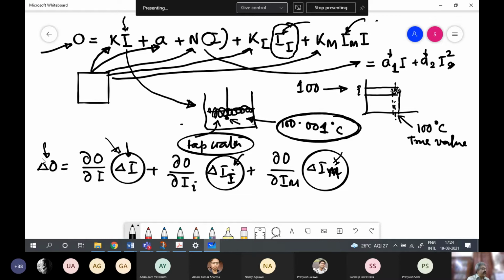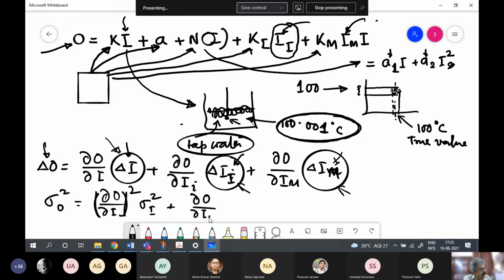If these variations are statistically independent, then this is a standard equation of statistics: the variance of O will be given by (delta O by delta I) whole square into sigma square I, plus (delta O by delta IF) whole square into sigma square IF, plus (delta O by delta IM) whole square into sigma square IM.